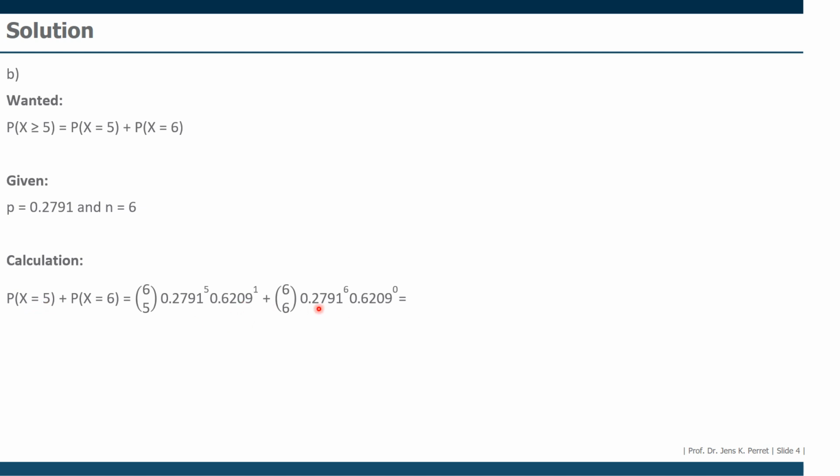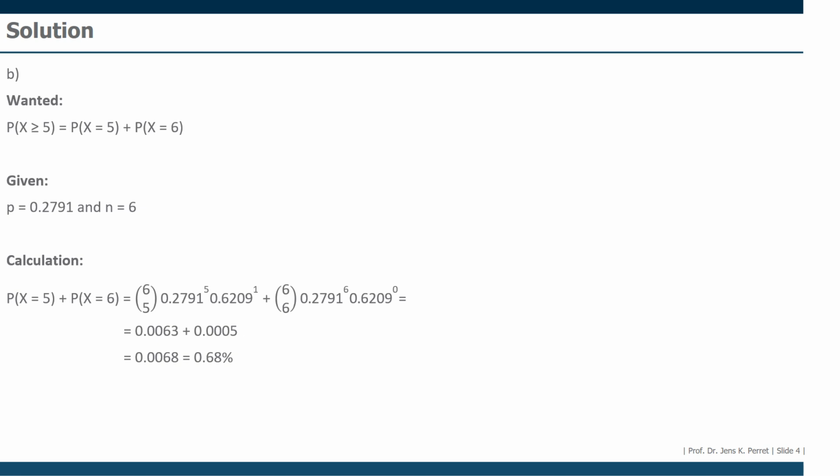We do this for both of them, we add them up, and we get as a final result 0.68%. So not a very small probability, but, well, slightly more than 0.5% that there will be 5 or more videos on distributions in our sample. Well, that concludes the second part.